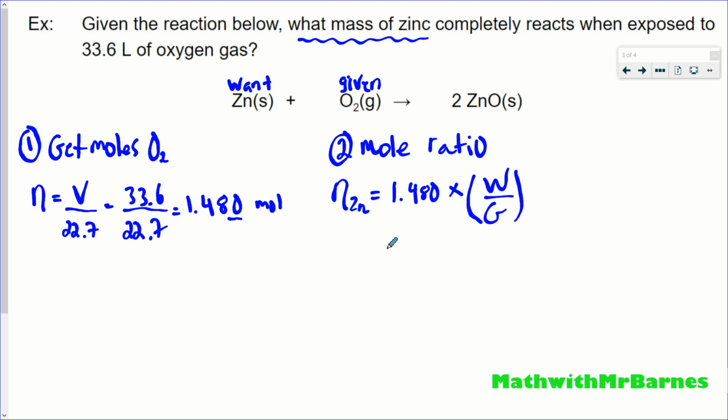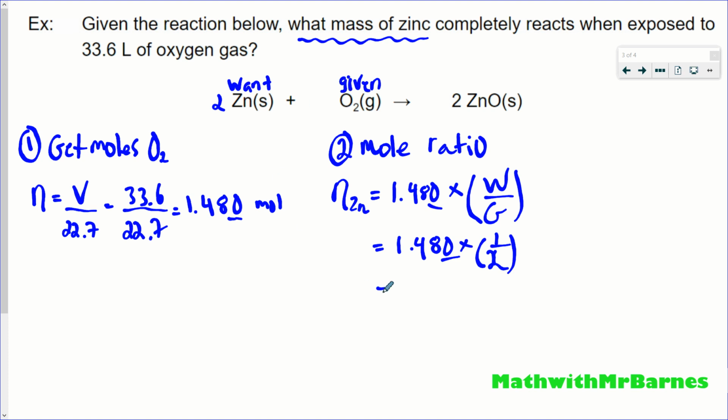So in this case, our want has a coefficient of 1, and our given also has a coefficient, oh, it should have a coefficient of 2, actually. It's not balanced. Coefficient of 2. Good catch.